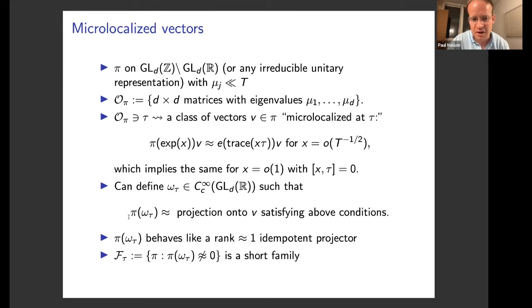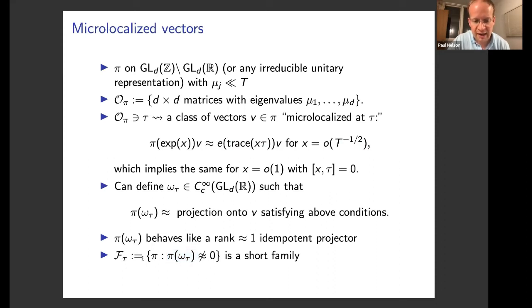The representations are in some sense as well, meaning if you look at the collection of representations pi for which there exist vectors satisfying this condition for a given tau, that's basically the same as asking that this projector pi of omega tau onto that space be not a negligible operator.